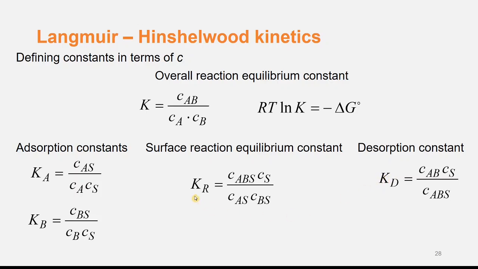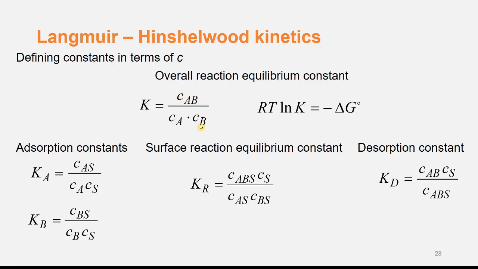For Kr, however, since the surface reaction is intermediate between adsorption of reactants and desorption of products, the surface concentrations in the expression are very difficult to measure. So, we will replace Kr with the overall equilibrium constant K, which is purely a function of the bulk concentrations.